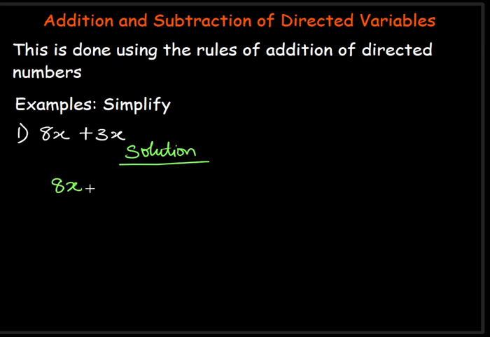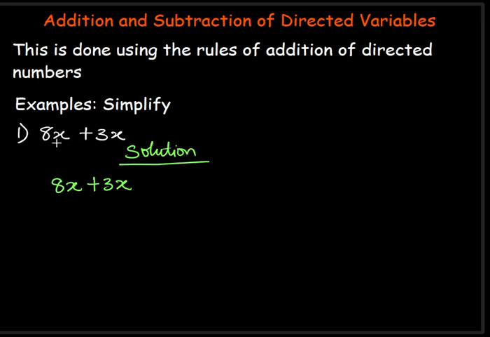So this is 8x plus 3x. Now, another thing we talked about is that when we are adding and subtracting, like terms can add and like terms can subtract, but unlike terms cannot add and cannot subtract.